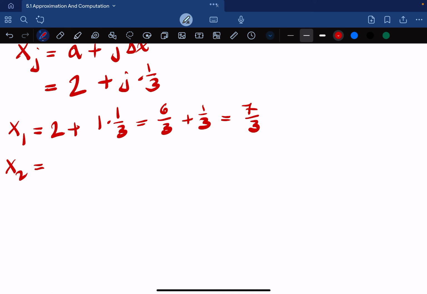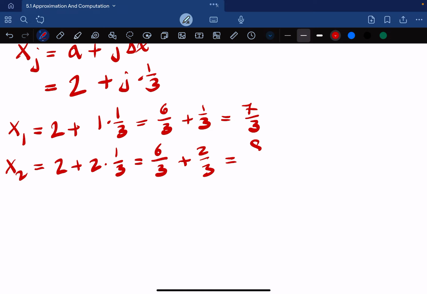Second x-coordinate: 2 plus 2 times 1 over 3, which turns into 6 over 3 plus 2 over 3.